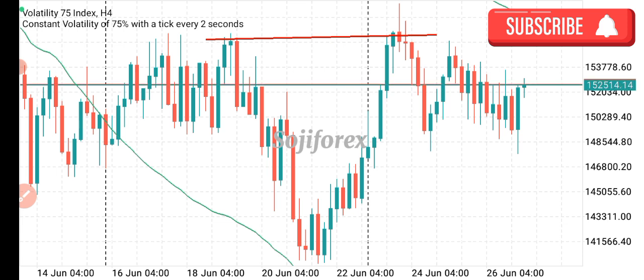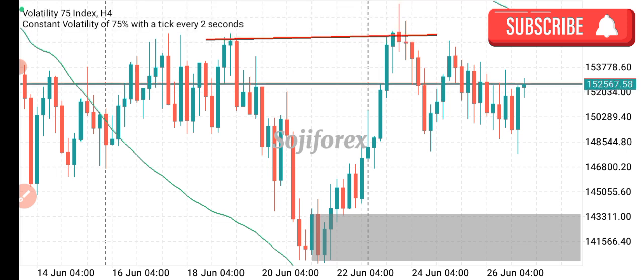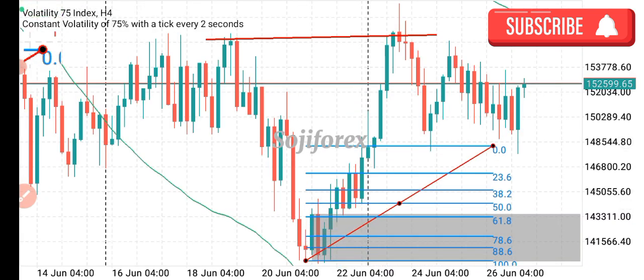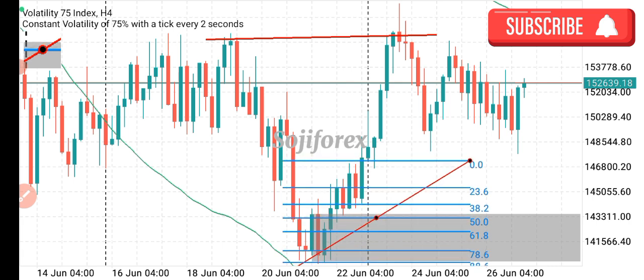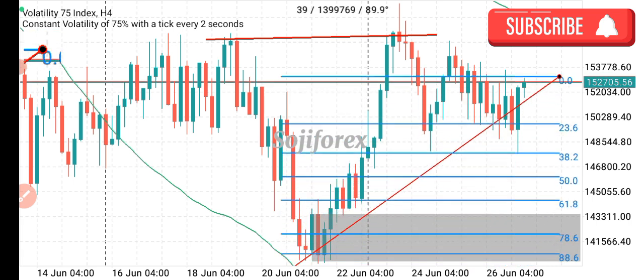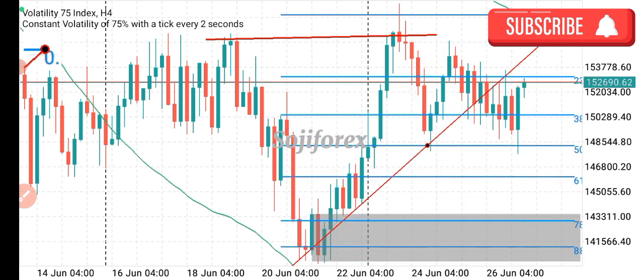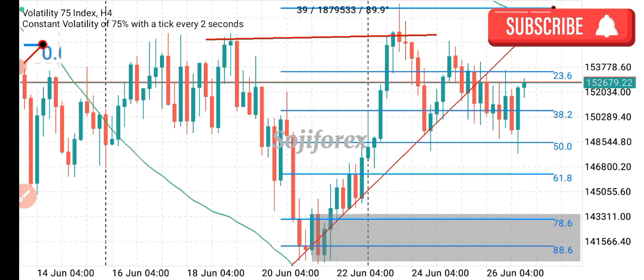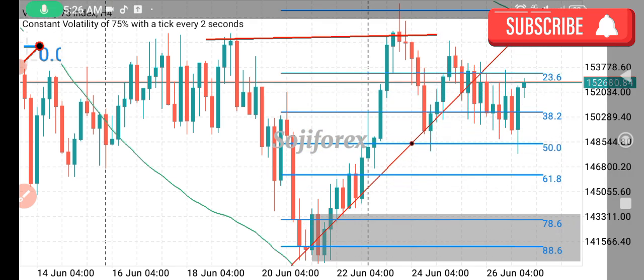So from this move that breaks structure, we have our order block marked out. We don't have any fair value gap in between these zones. So what we do now, here is our Fibonacci level.